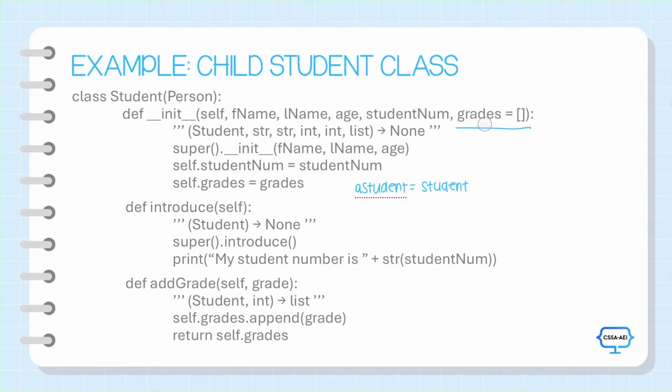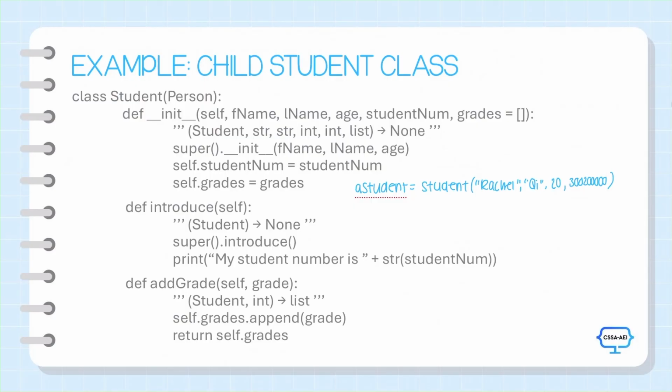But because none of the other things have default values, I do have to give those to be able to make the object. So let's give it a first name, the last name, the age, the student number, and we'll just go with the default grades.